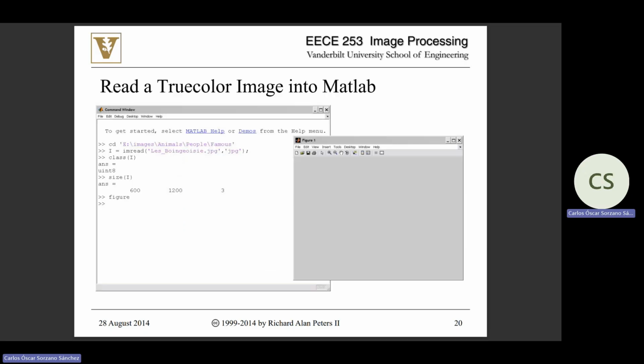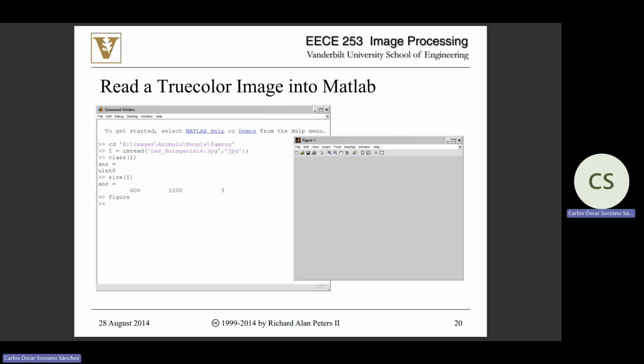Okay, good. Then this is illustrating all these image things with MATLAB. We don't care about the syntax of MATLAB, but we care about some concepts. For instance, say you have a JPEG image. JPEG is a file format to store images.